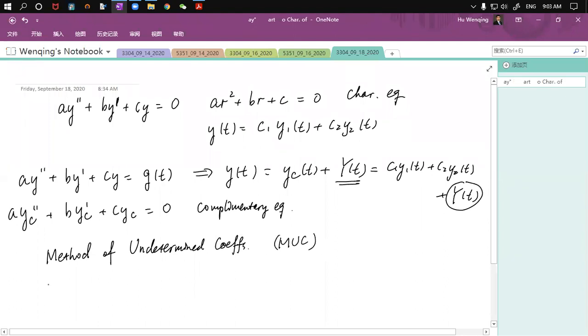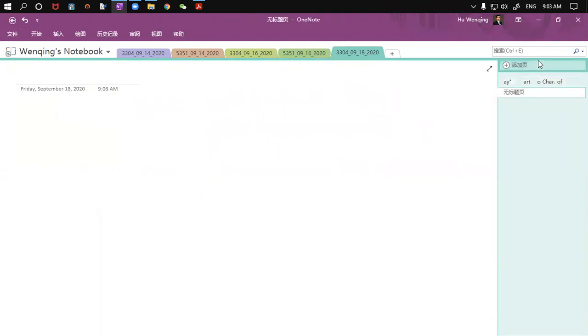The other method is the method of variation of parameters, sometimes called the VP method. Those are the two methods we talk about throughout these two lectures.